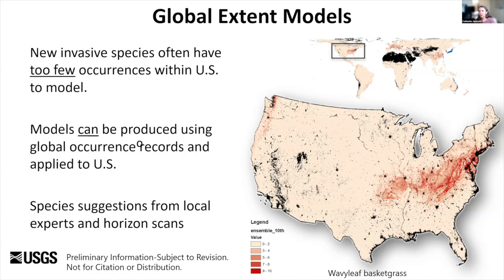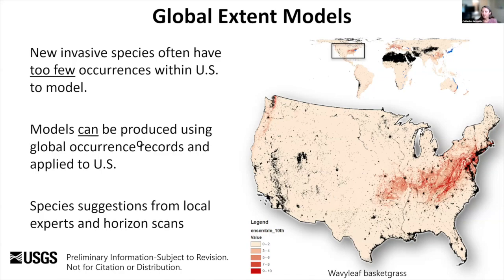We're doing this now using species suggestions from local experts for species such as wavy leaf basket grass, and also from horizon scanning efforts. Horizon scanning looks at what species are being imported into the US that don't have established populations here yet.